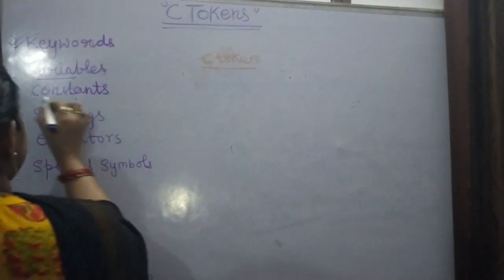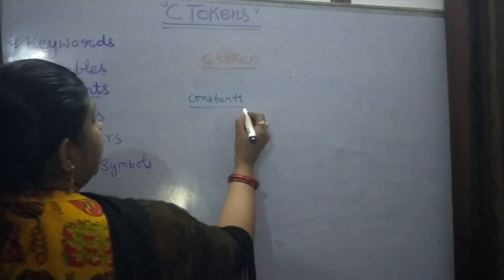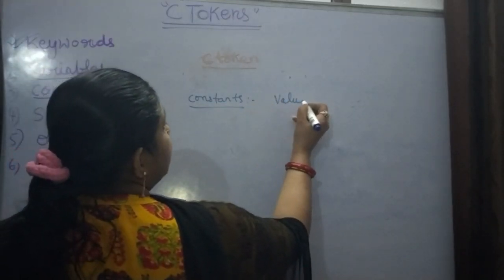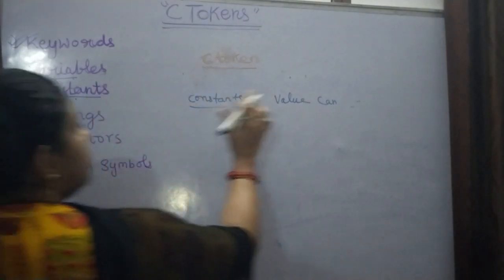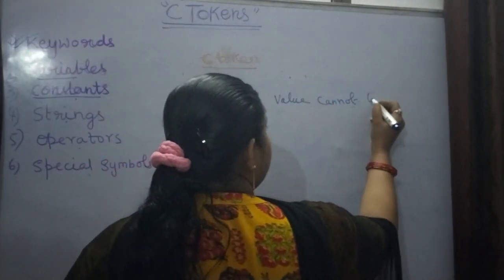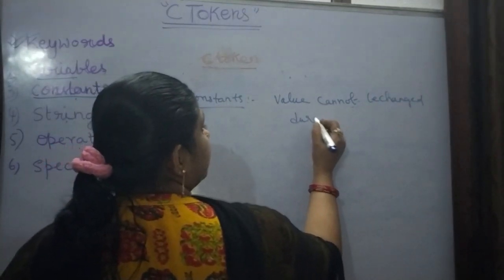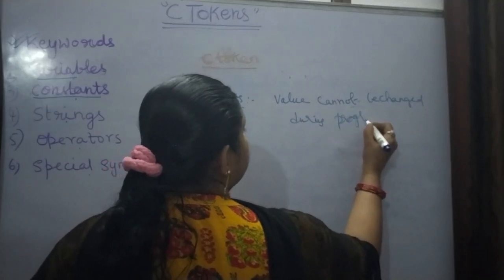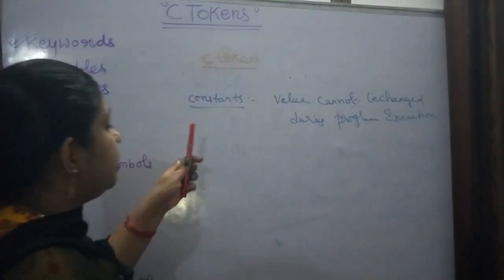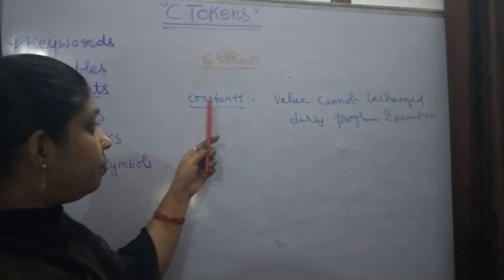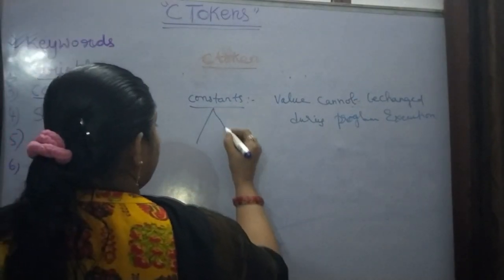Now constants are those C tokens where the value cannot be changed. Just now we have seen that for the variables you can change the value. Here constants cannot be changed during program execution. Now these constants are of two types.